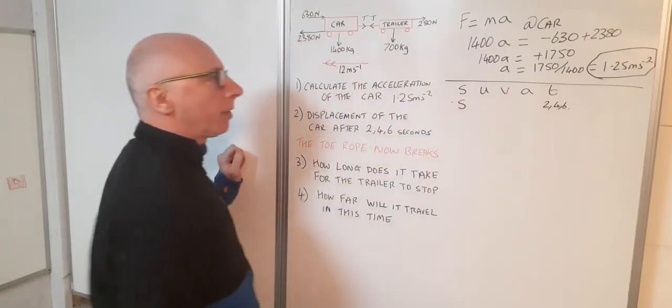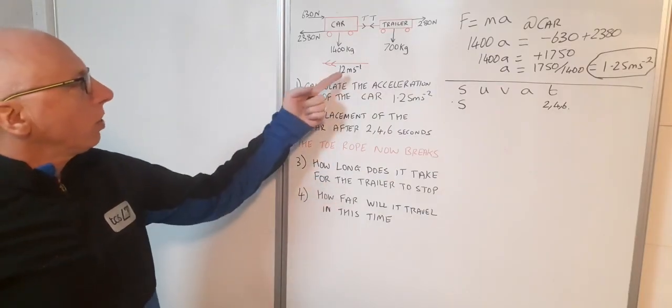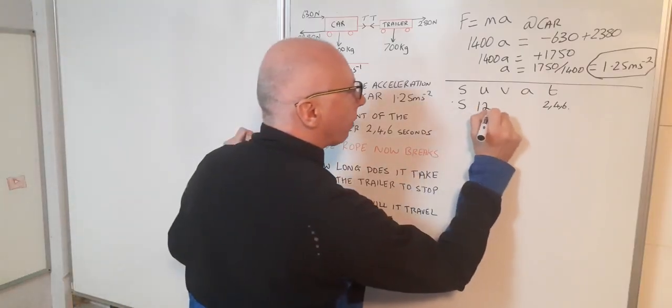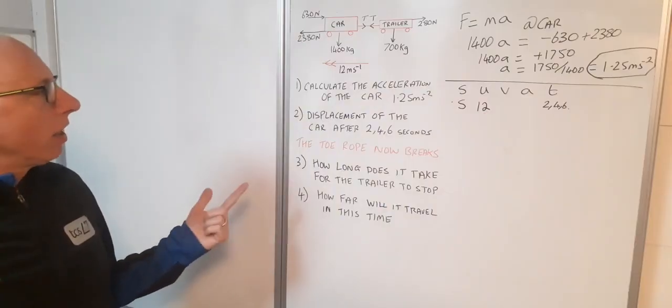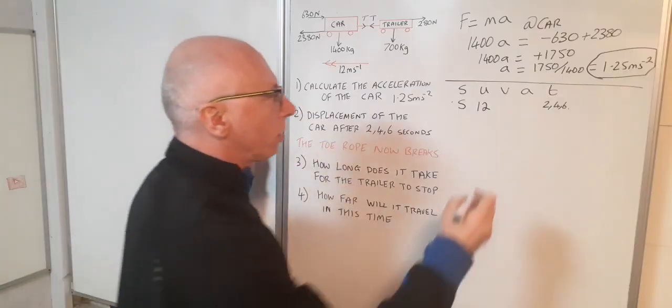S is what we need. Now U is the initial velocity. Well, initial velocity is going to be 12 meters per second because that's what it is traveling at. V, we're not actually sure what that is in terms of this part of the question, but we know what acceleration is, that's 1.25.